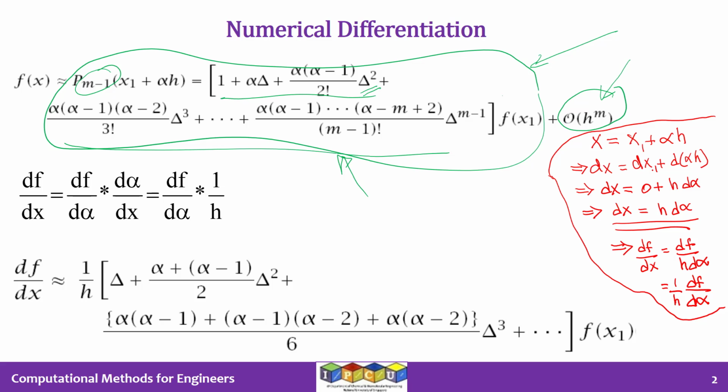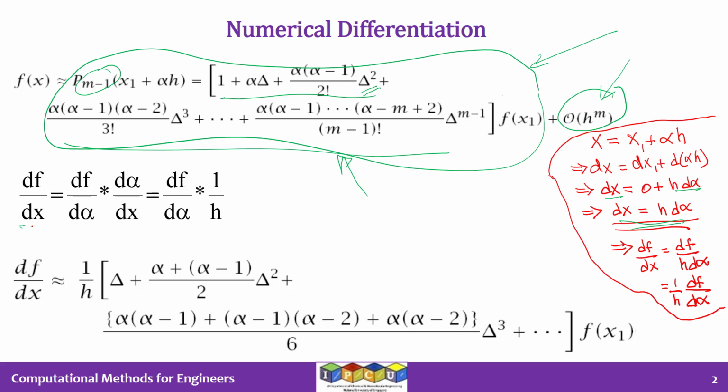And that is why we were able to use the Newton difference table and elements from the Newton difference table in constructing our interpolating polynomials. Therefore, since h is a constant, I can pull it out of the derivative, and therefore I can write dx as h d alpha, which makes d alpha by dx as 1 by h.